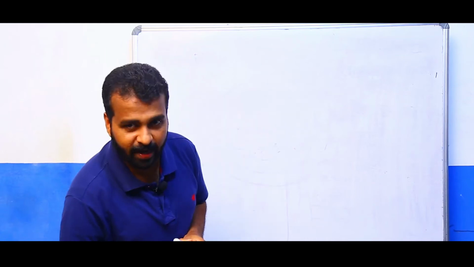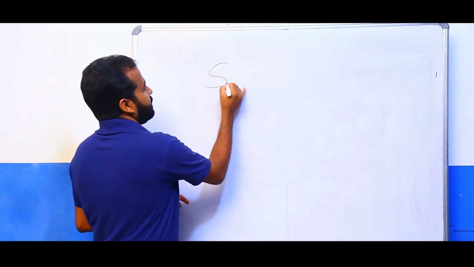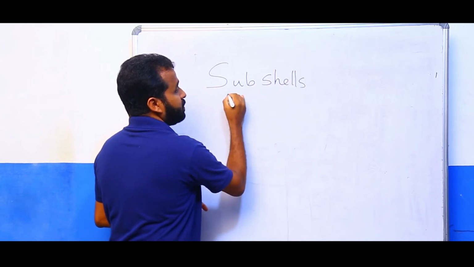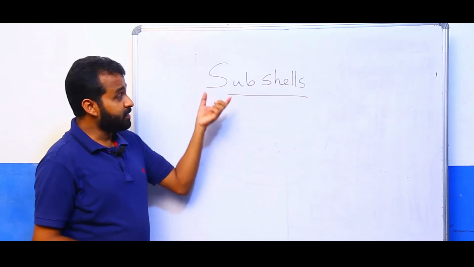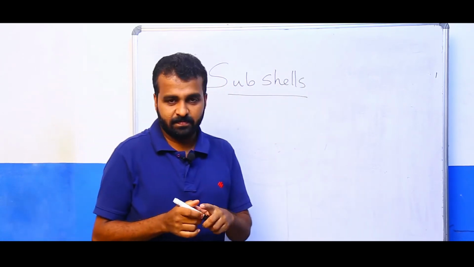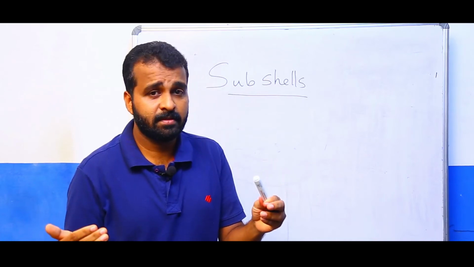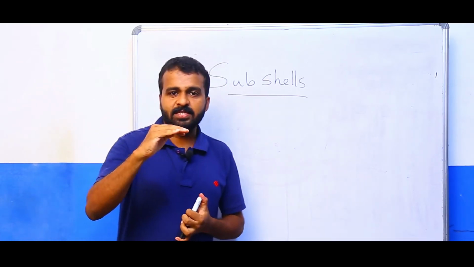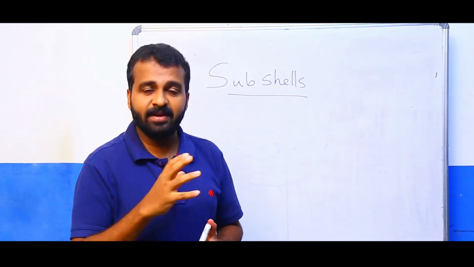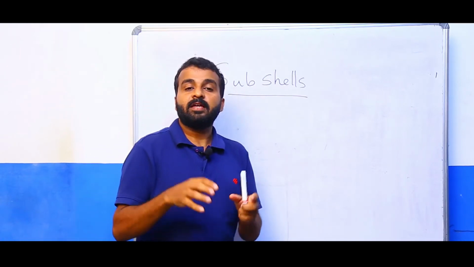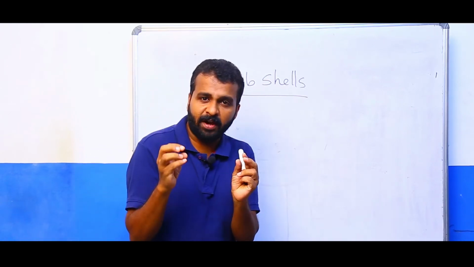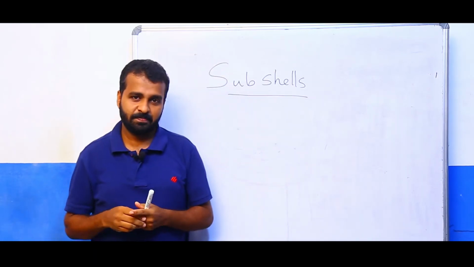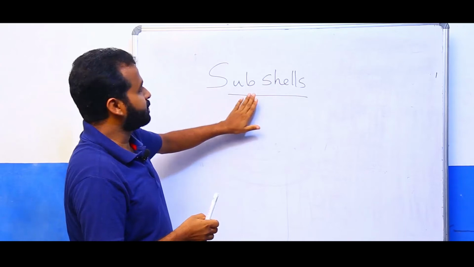Such a region is called a subshell. This is a new term. What are subshells? Subshells are the space or region around the nucleus where electrons are found maximally, where we can see the electrons.